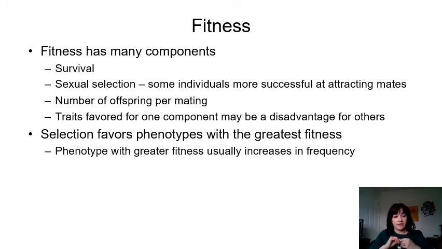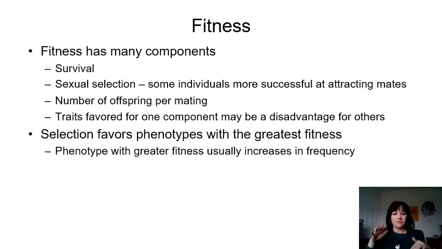And traits favored for one component may be a disadvantage for others. We've talked about that in the case of like birds and sexual selection, how they, in the tropics, right, they're evolving, they're adapting to have these big giant tails, right? That's great for sexual selection, but maybe not good for survival.